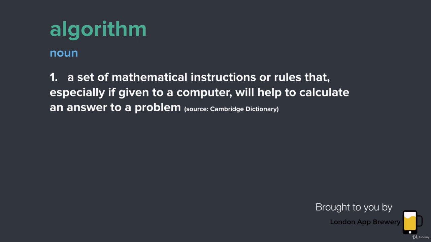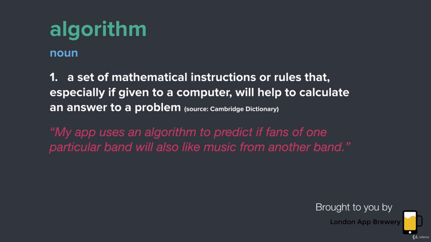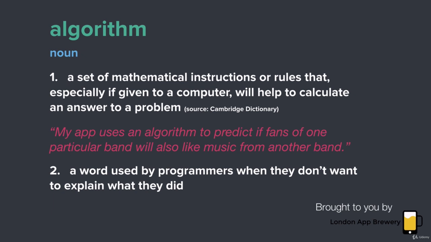You and I are probably more familiar with a different usage of this word, right? Having heard sentences like, my app uses an algorithm to predict if fans of one particular band will also like music from another band. So it's perfectly understandable that most people think that the word algorithm is actually a word used by programmers when they don't want to explain what they did.